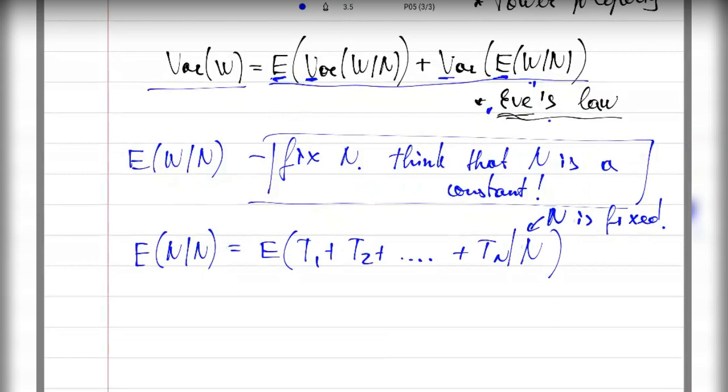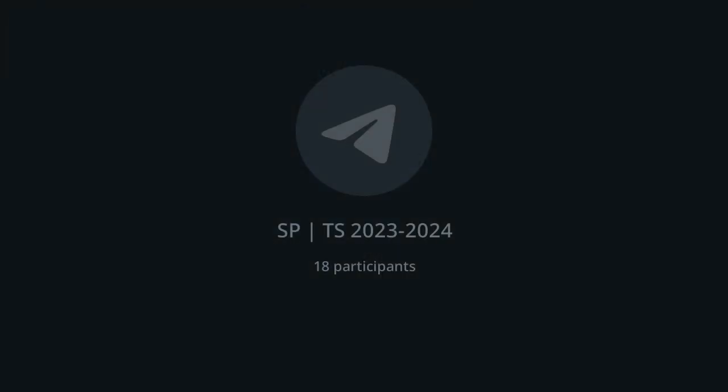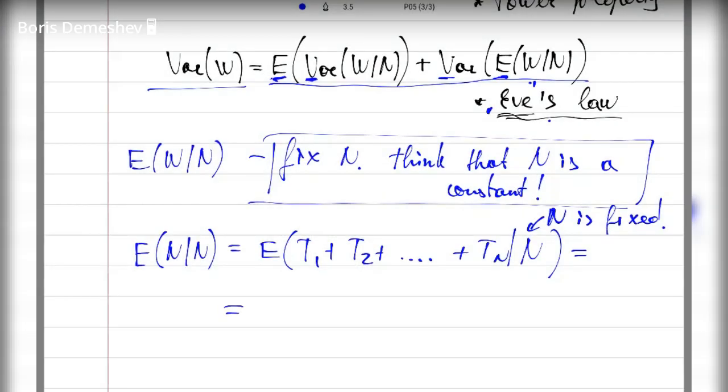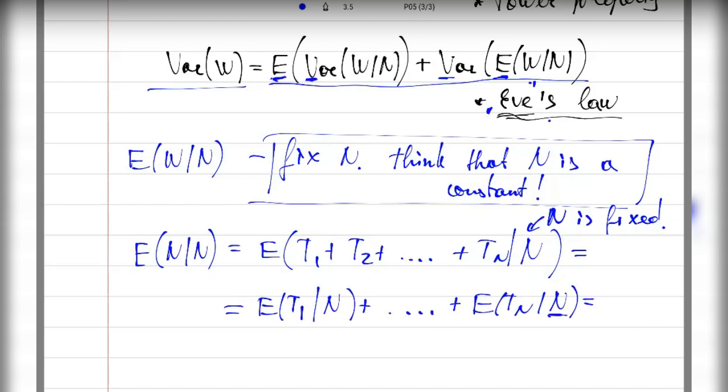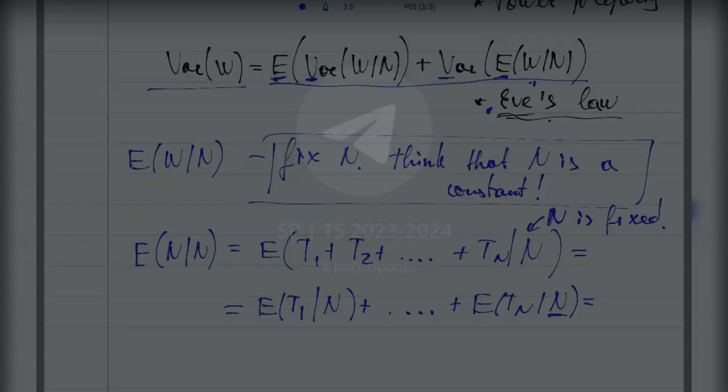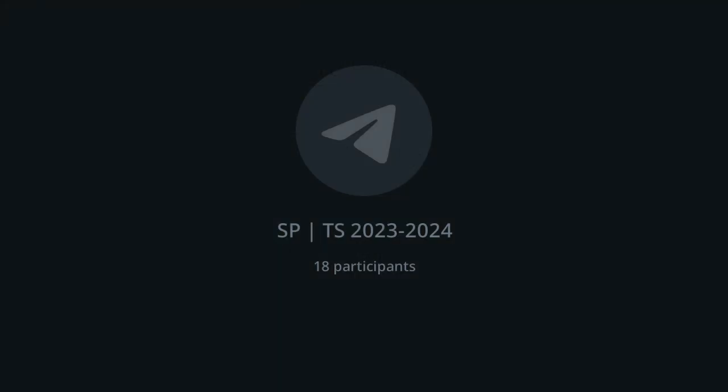And if N is fixed, then we just have expected value of T1 given N plus and so on plus expected value of TN when N is fixed, because the number of terms is independent of every term.